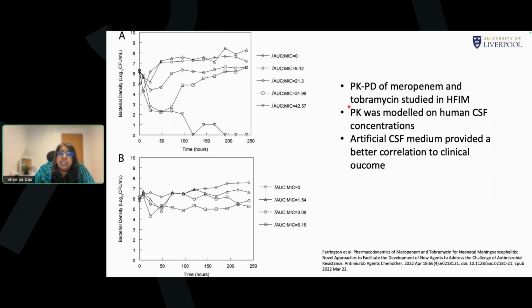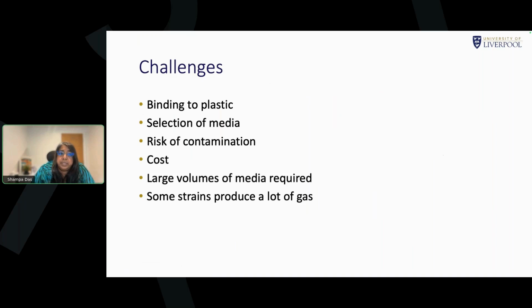And actually, one of the conclusions from this set of experiments, which went hand in hand with some rabbit experiments, was that whilst you could model CSF, you needed to use an artificial CSF medium to better correlate to clinical outcome. And that comes on to a later point I make, that understanding what medium you use in these models is also important.